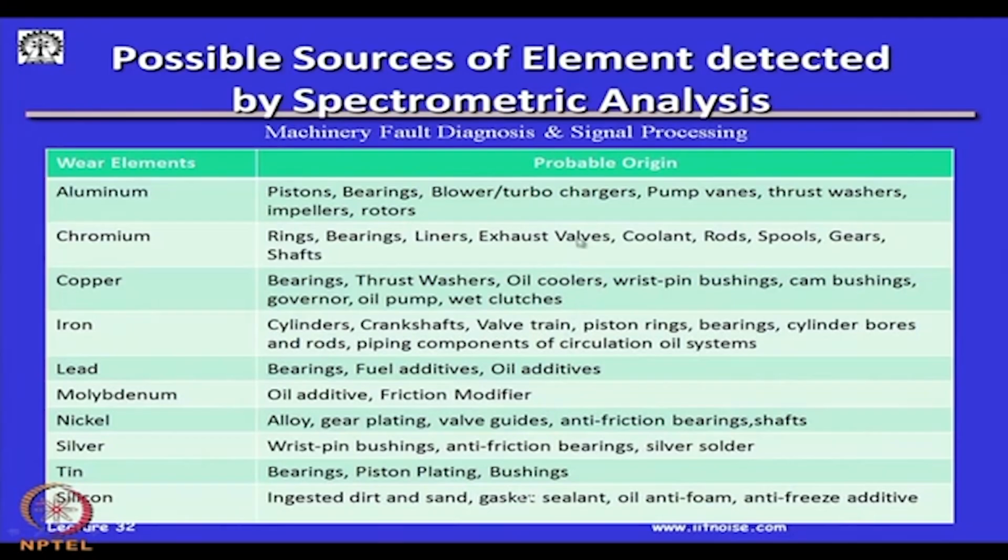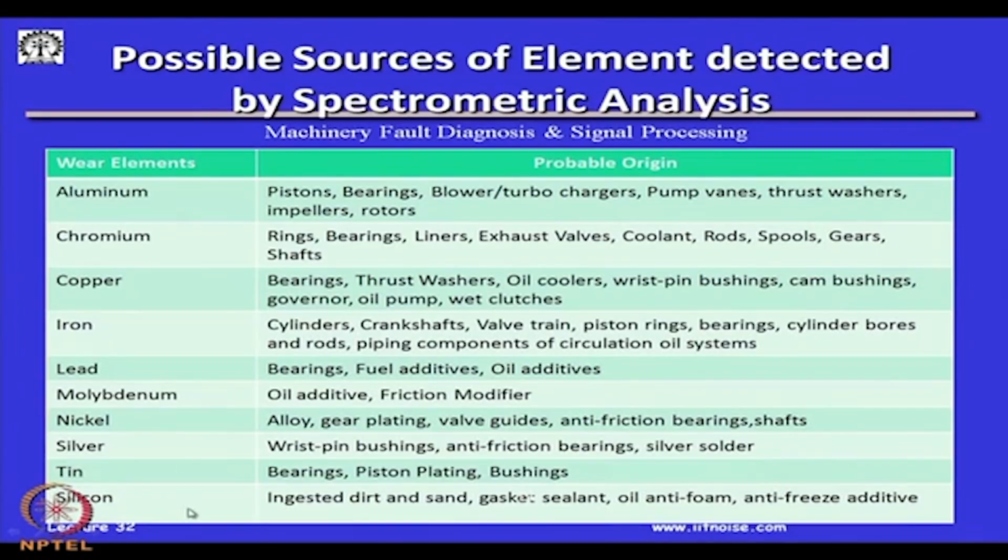And of course, in the engineering applications of machines, we need to know the typical wear elements from aluminum to silicon, and what is the probable origin. For example, if I see a lot of aluminum, I know these are the possible sources. If I see chromium, these are the possible sources, could be the exhaust valves, etc., or shafts.